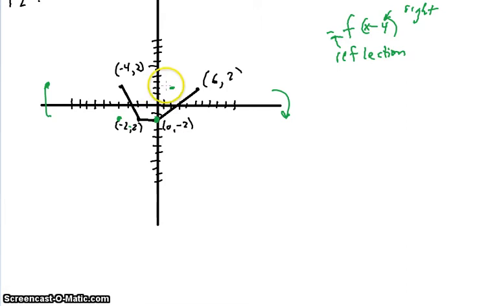Reflect it, right 4. So my new points are here, here, and here. You reflect it first, and then you go to the right.